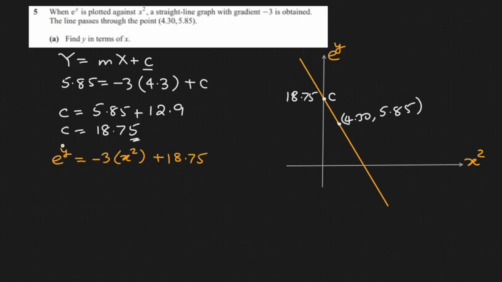Whenever we have to remove e from e to the power y, we apply natural log to both sides, because natural log is the inverse of e, exponential. And we cannot apply natural log to the other terms individually. We will apply it to the whole expression with a single natural log.